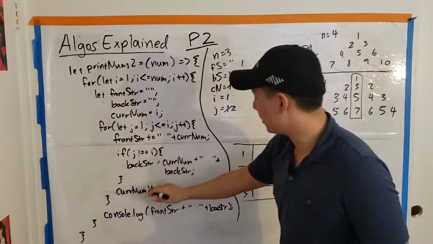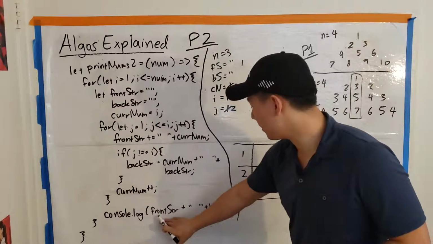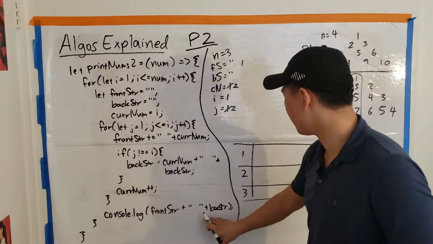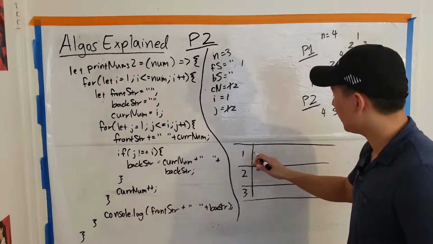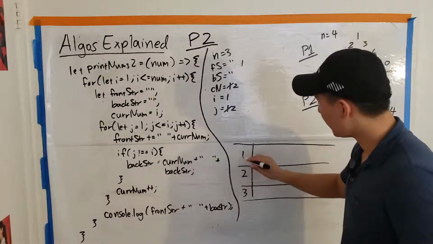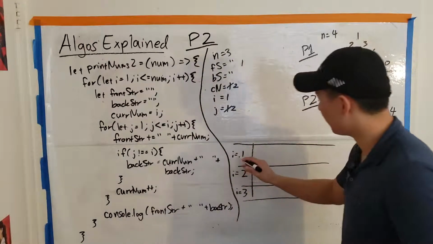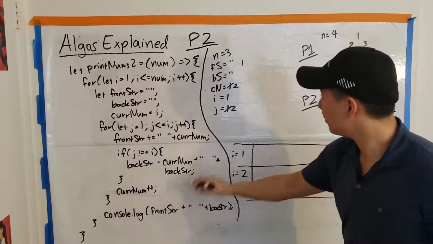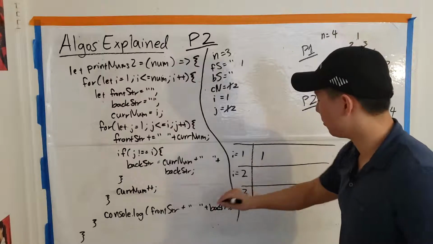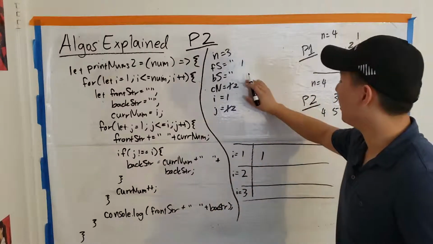That doesn't work, so we break out of the little for loop and console log what we have here, which is front string plus space plus back string. And so that first line, and this was when i was 1, just so we could visualize it better, we haven't incremented i yet. Front string, which is 1, plus spaces, and the back string, which is just more spaces.